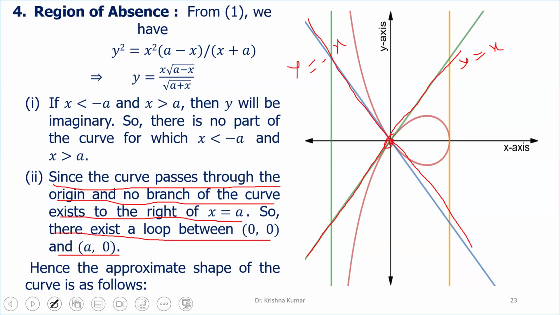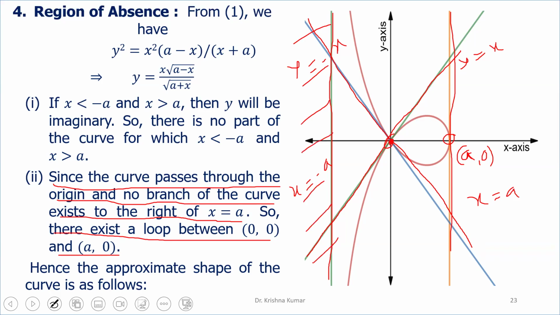We are getting 2 points: this is (0, 0), and this is (a, 0). And we have already seen that there is no part of the curve for x less than minus a and also for x greater than a. So this is the region where the curve will not exist. And x equal to minus a is the asymptote.